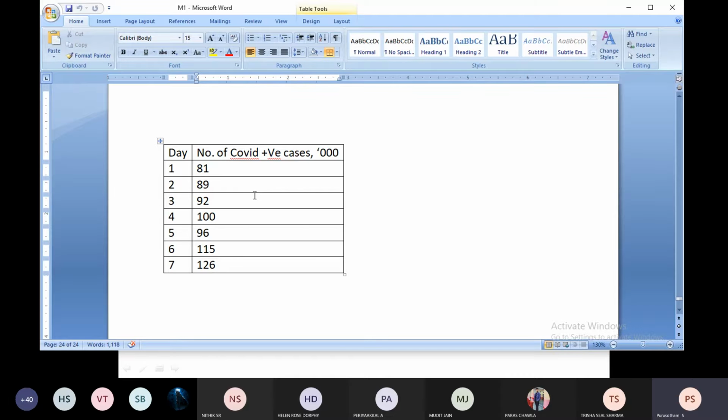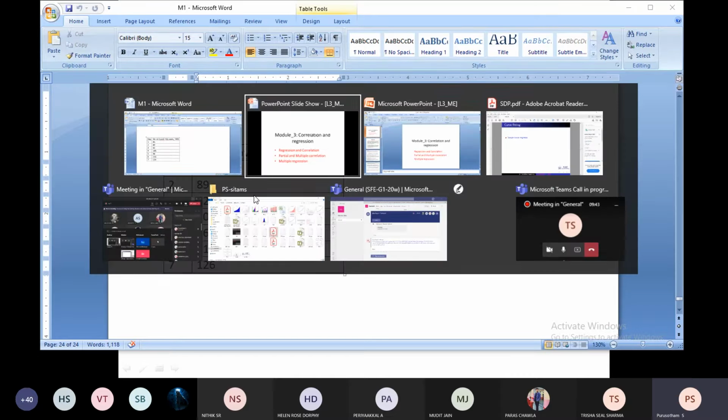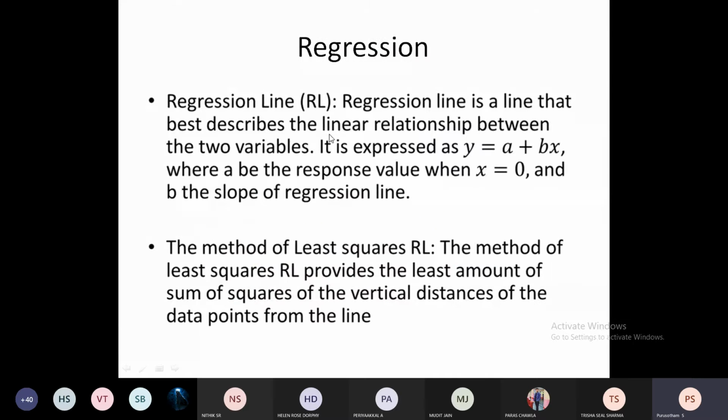What is the regression line? The line that best describes the linear relationship between the independent variable x and the dependent variable y. In general, we may take this linear relationship as y = a + bx, where a is the response value of y when x is 0, and b is the slope of the regression line. If b is positive, the variables x and y are positively related.